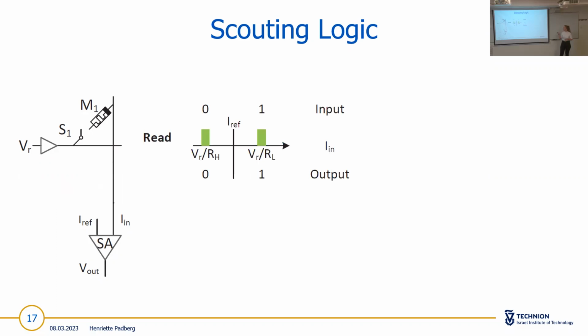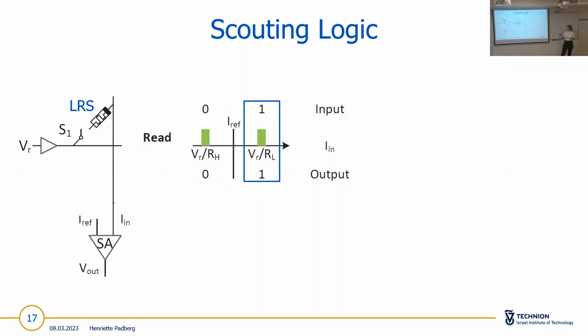To make it more clear, here we have just a regular read process. We have one cell in a specific state, and then we measure the current and can say if the state is in an LRS or HRS, depending on the current. So for example, we have here the cell in a high resistive state. We measure the current. Okay, the current is low. So we can say the cell is in a logical state of 0.